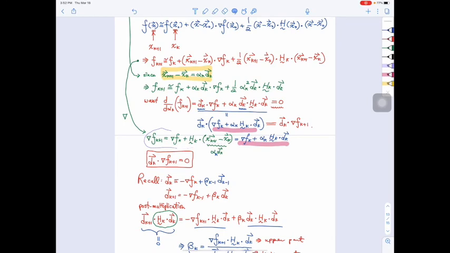Okay, so dk is something that you cannot just directly calculate. Gradient you can calculate just by finite difference or calculation.